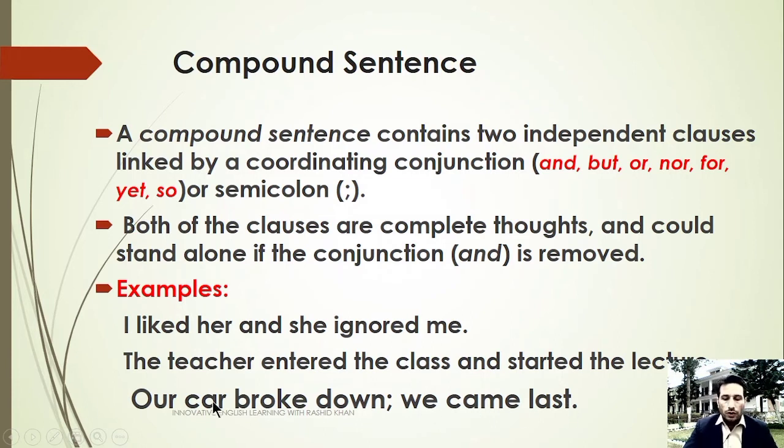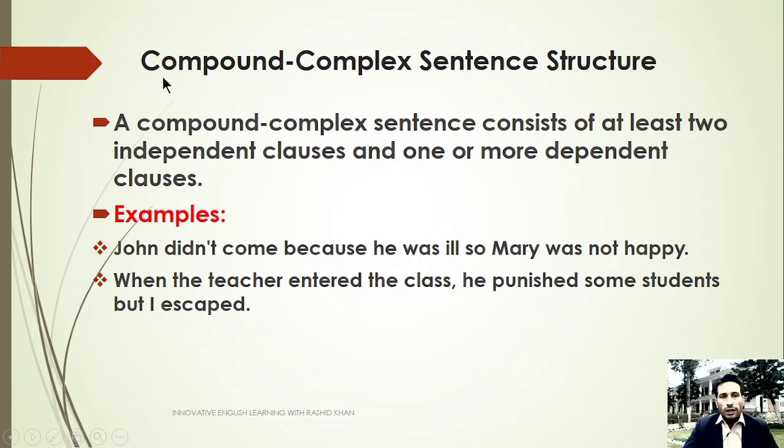And overall that is a compound sentence. Next we have the compound complex sentence structure. So normally when we join dependent and independent clauses in one sentence, such a sentence is called a compound complex sentence. A compound complex sentence consists of at least two independent clauses and one or more dependent clauses. So we have two independent and one or more dependent clauses in such a sentence.